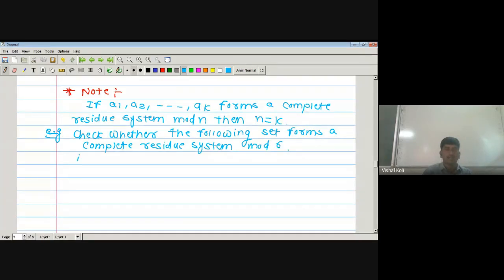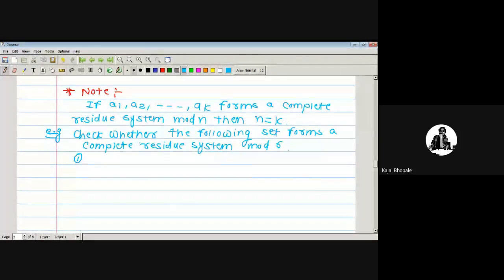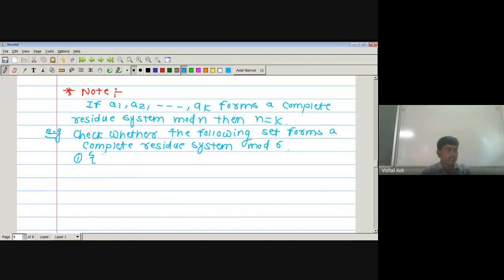Okay, for that let us take the first one, and in that we have to take the set which contains the elements 5, 12, minus 3, minus 4, 7 and 22.